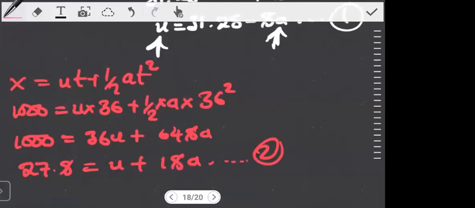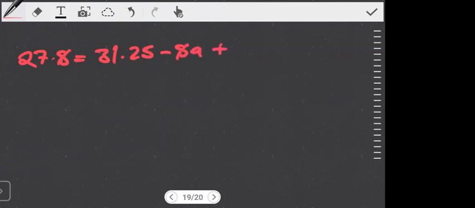So from here now, we can work out equation 1 and equation 2 as a system of equations, or we can substitute equation 1 into equation 2 so that we work out this for acceleration. If we did that, equation 2 would now become 27.8 is equal to 31.25 minus 8a plus 18a.